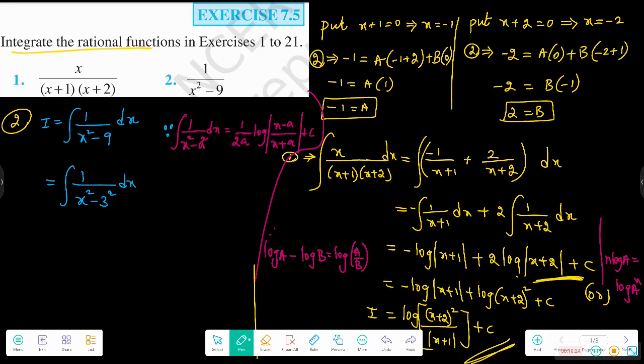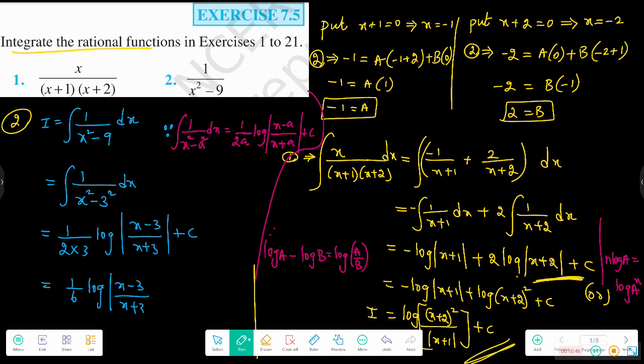So what is the a value here, children? Anyone? 3. So 1 by 2 into the a value 3, log of x minus 3 divided by x plus 3, plus c. So 2 threes are 6, log of x minus 3 divided by x plus 3.